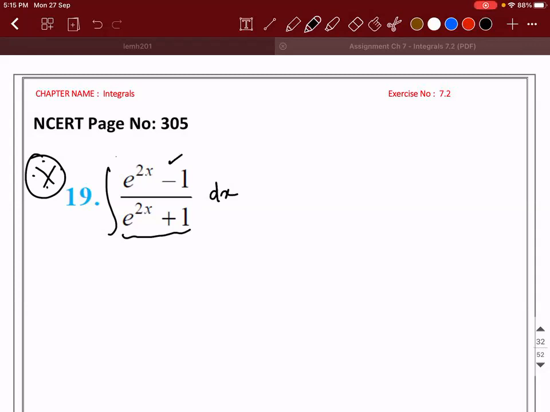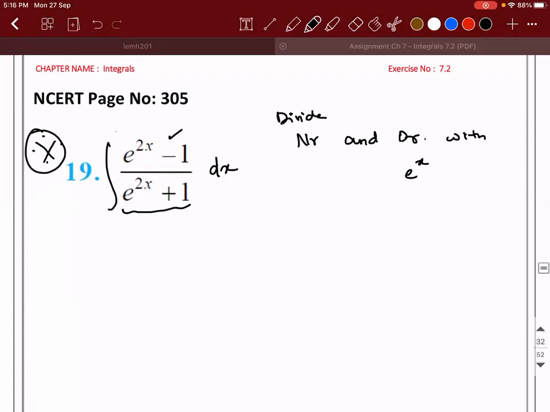So what we need to do is divide numerator and denominator with e power x. So integral of what will happen? e power x minus e power minus x divided by e power x plus e power minus x dx. Did you understand what I did? Take some time to understand what I did. Did you understand or not?